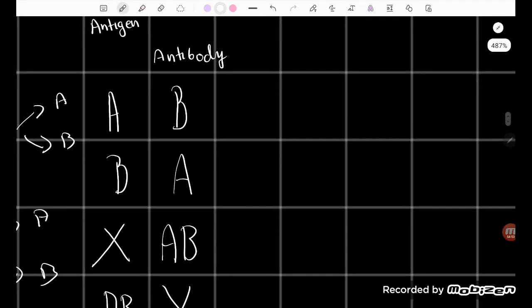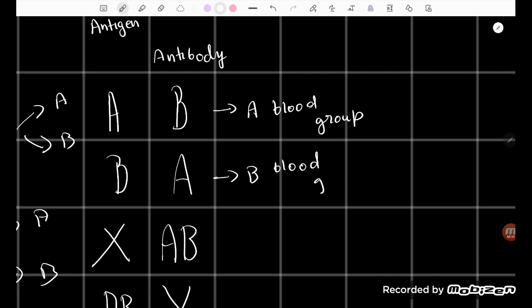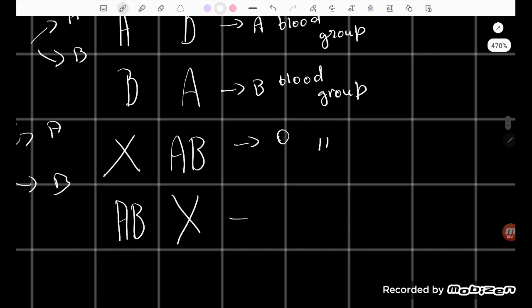And based on that, they have given the names: A blood group, B blood group, this one is O blood group, and this one is AB blood group.